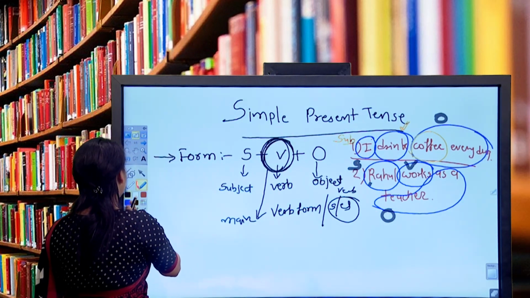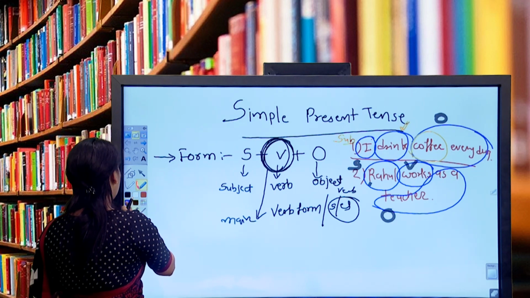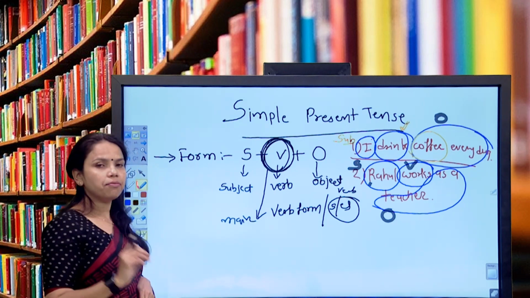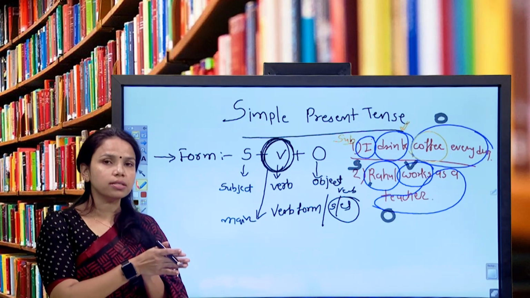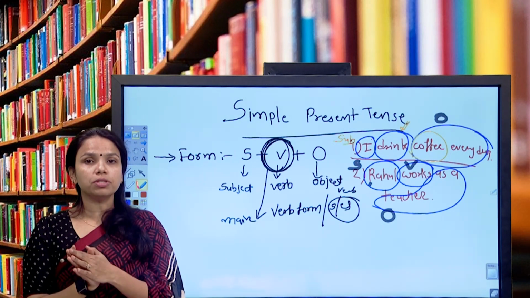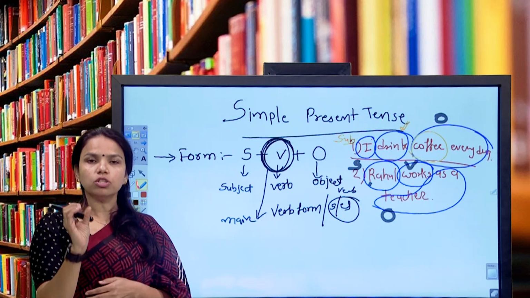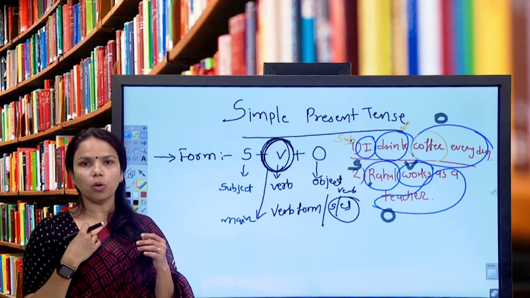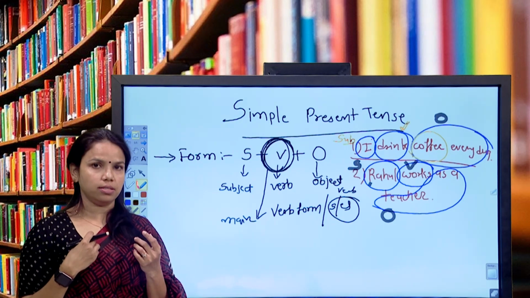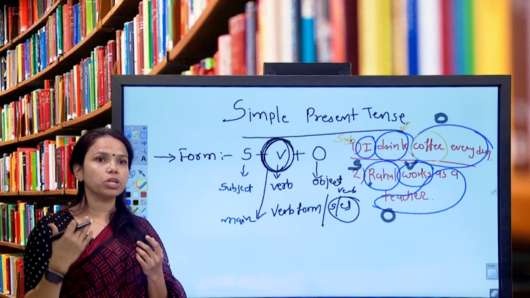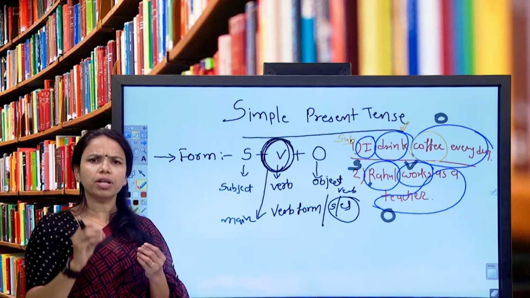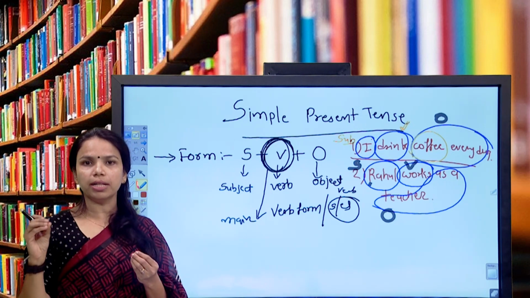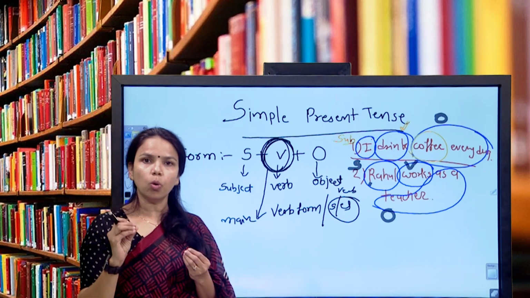Whenever you find any sentence, first of all you have to identify who is the subject, what is the object, and what is the verb. When you ask with who, you will get the subject. If you ask with what, you will get the object, and whatever action is running in that particular sentence is called the verb.